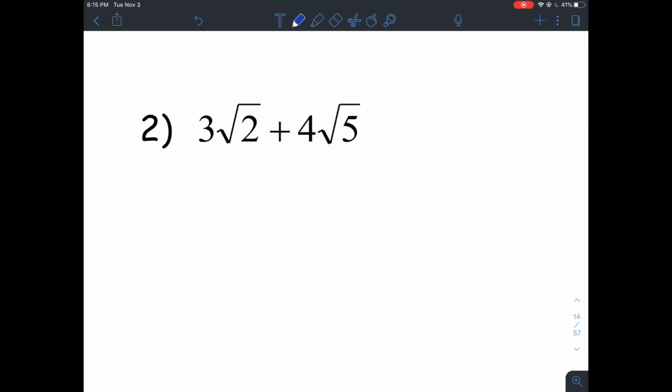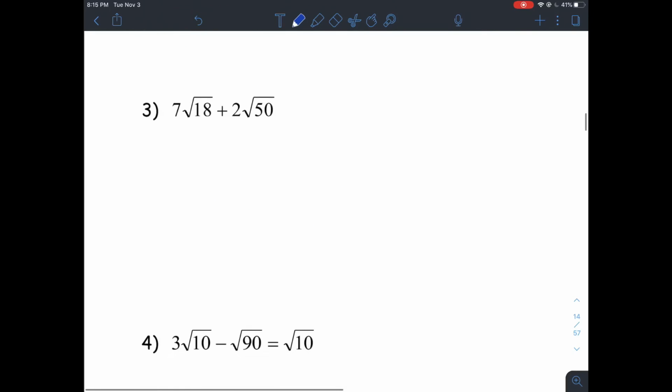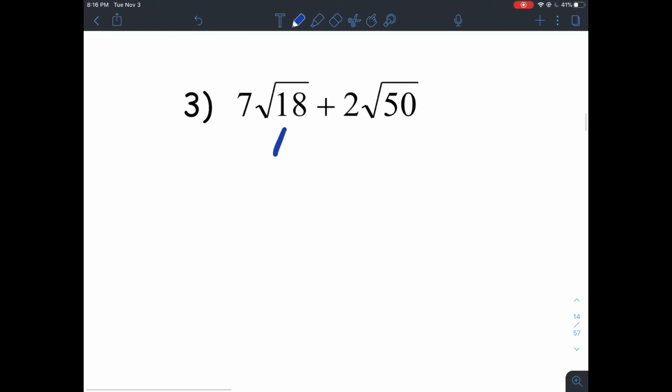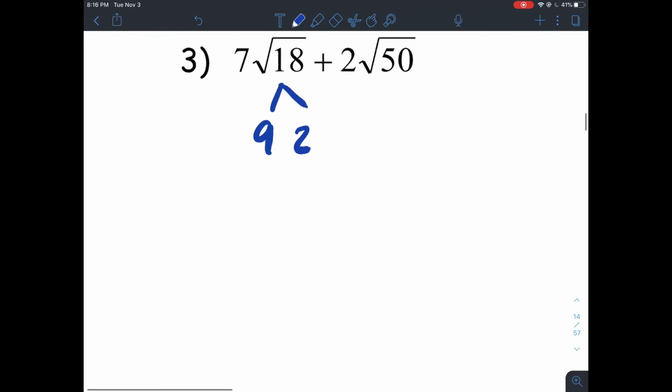All right. Then for number 2, we have 2 different radicands, and you can't simplify them at all. You can't pull anything out of the 5, which means that you cannot combine them. So this is true. You cannot simplify this anymore. Then for this one, we need to see if we're able to simplify these further. For 18, we could break that down into 9 and 2.